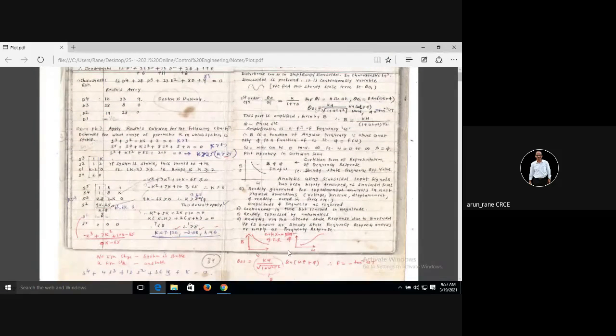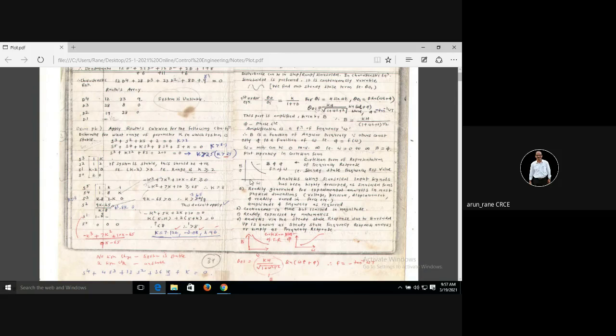So these are two graphs, and this particular graph is a Cartesian graph. There is another graph which is called the polar graph or polar plot, where you can superimpose both B and phi on one graph itself.